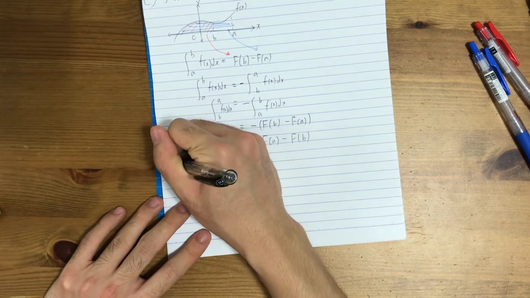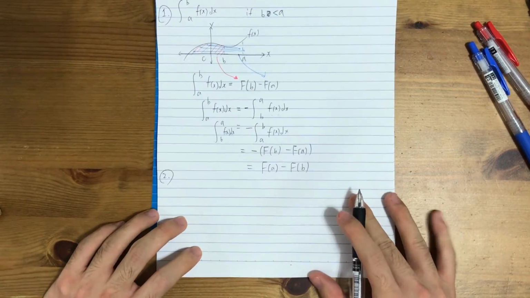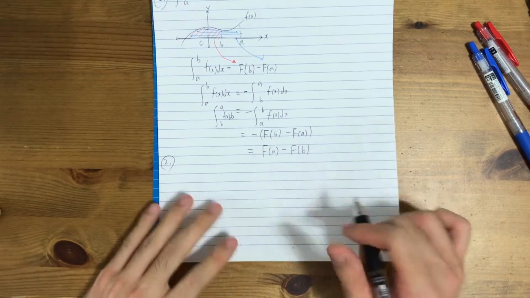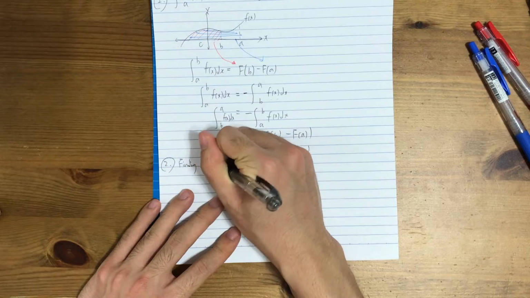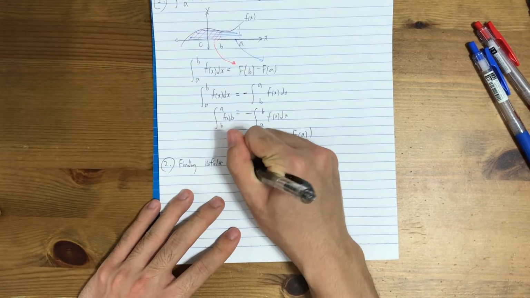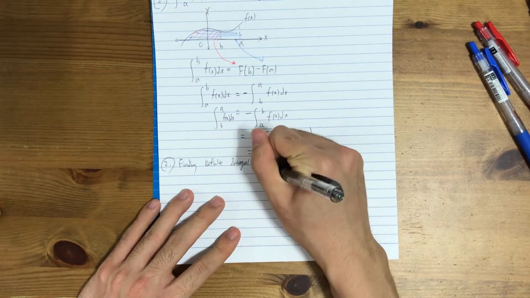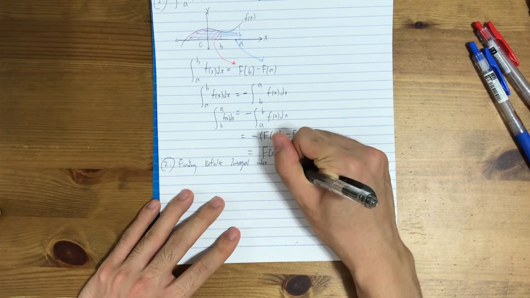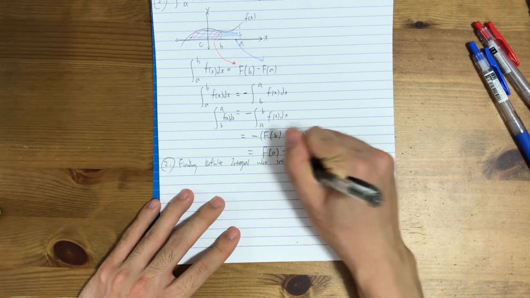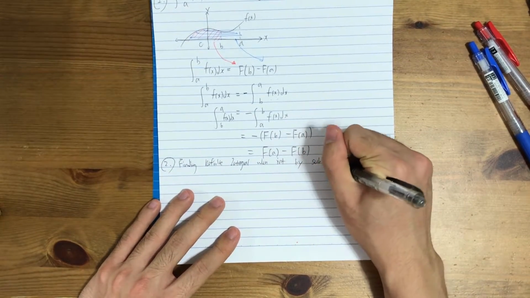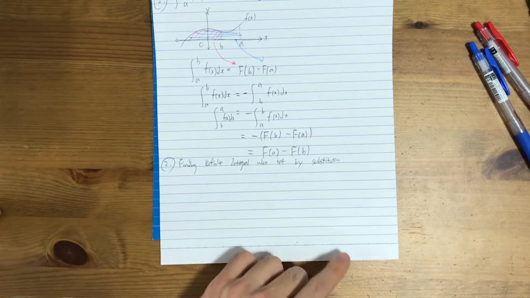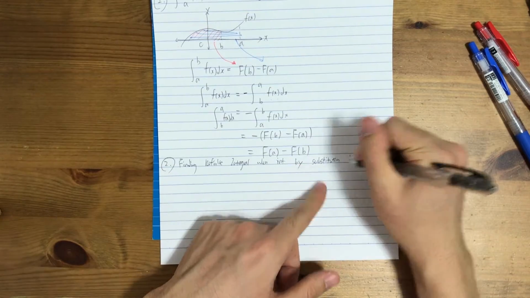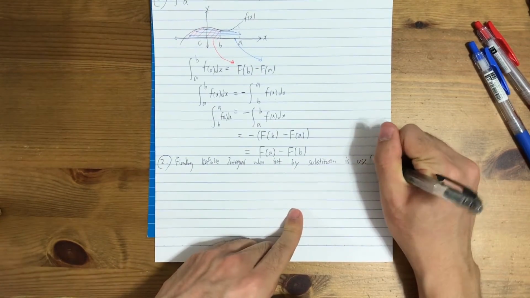And with this example, there's a second thing that you have to know as an important property. So finding definite integral with integration by substitution, when integration by substitution is used.